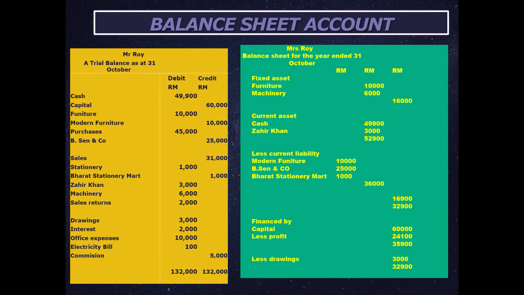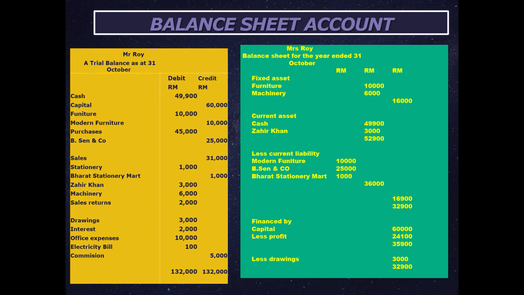I will present the balance sheet of Mr. Roy's account. For the balance sheet, there are 4 items. All items we get from the trial balance except the loss, which we get from the profit and loss account. First, we must count the total fixed assets. After that, we count the total current assets.